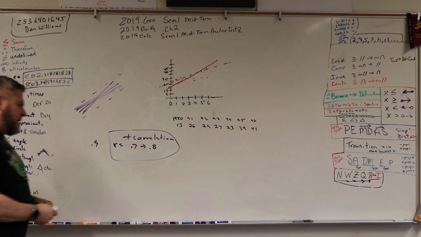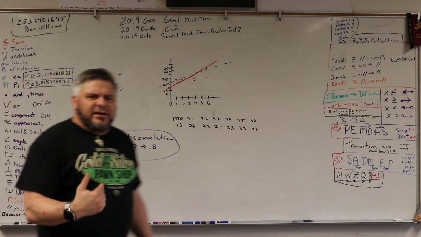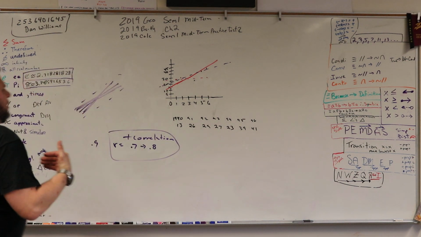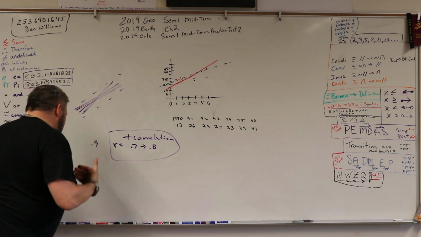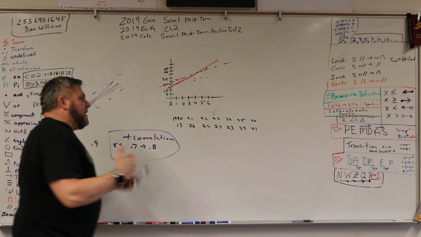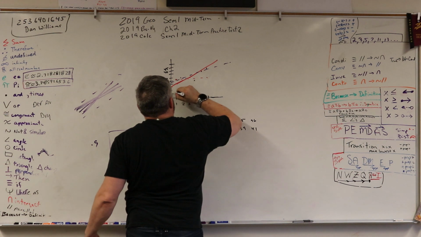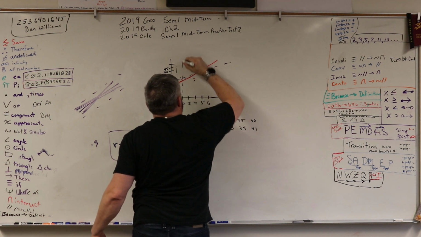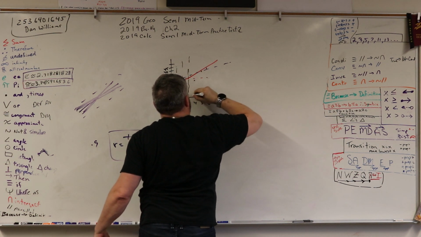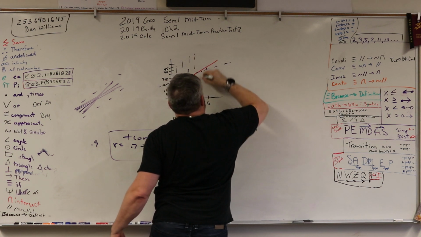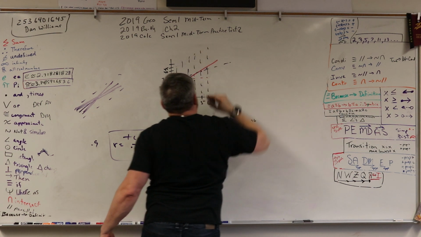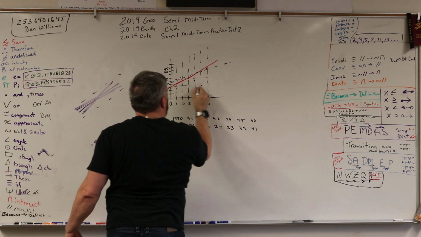Right? But now we've got to figure out a line, right? So, how would we figure out a line? We would start to look at whatever line you want to look at. If you're going to look at the red one, then we're going to take a look at where it crosses, right? What is our slope? That's what's really important here.